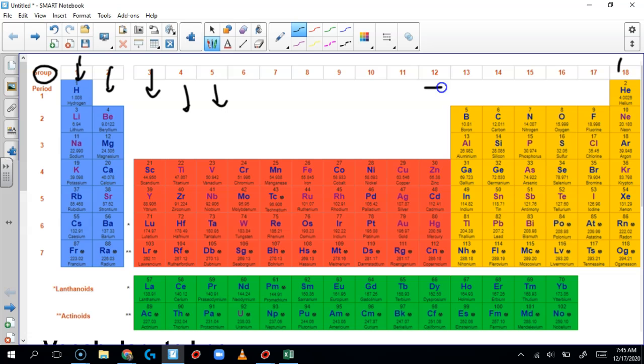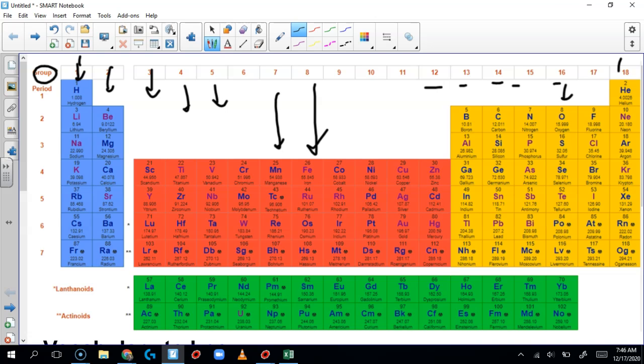That's what these numbers are on the periodic table. So the up and down columns are called groups. If we look at this element right here, manganese, that's in group 7. If we look at iron, that's in group 8. If we look at oxygen, that's in group 16.